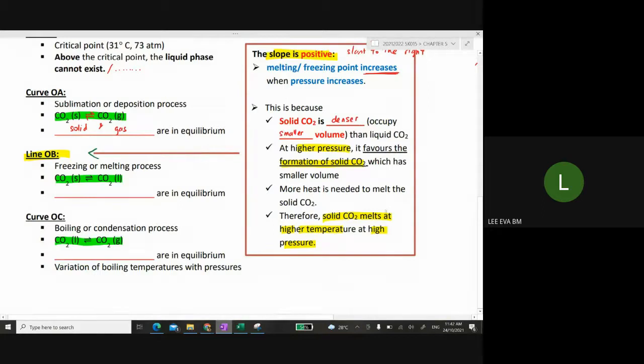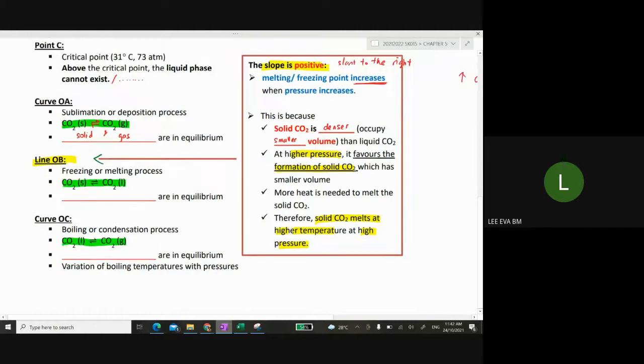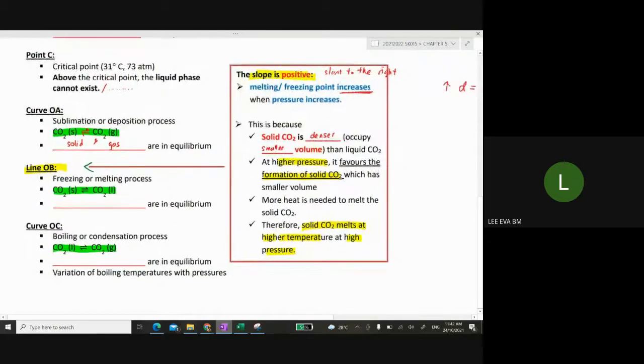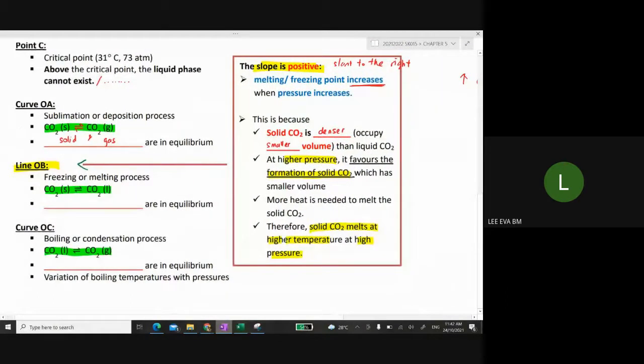Solid carbon dioxide melts at high temperature, high pressure. So it all refers to the density. You can fill in the blanks on your own: denser, smaller volume. You will see it clearly when we explain the phase diagram for H2O, why your ice will float on top of the water.